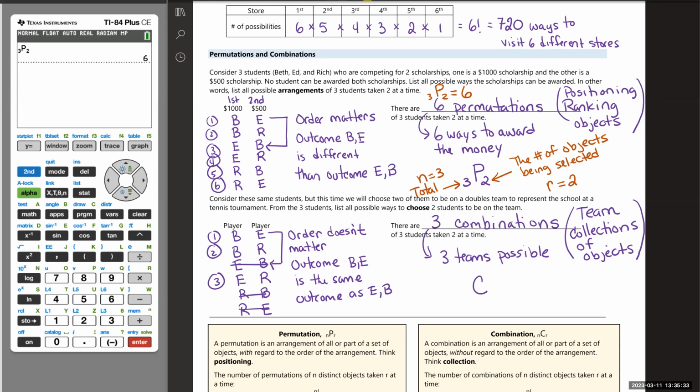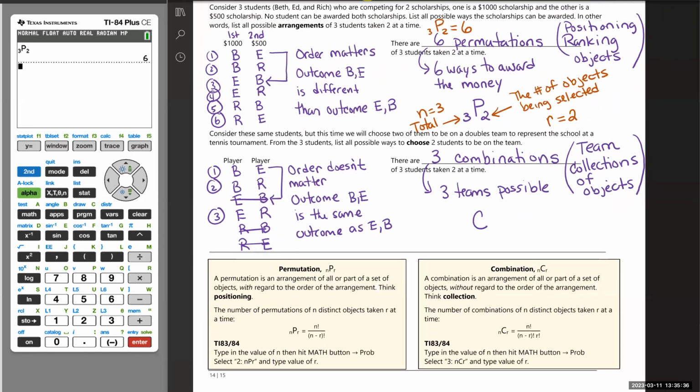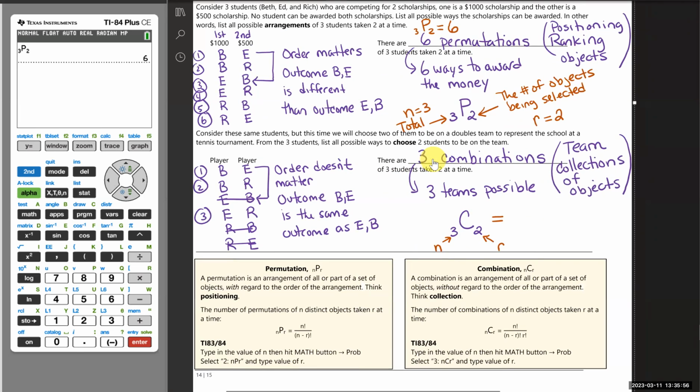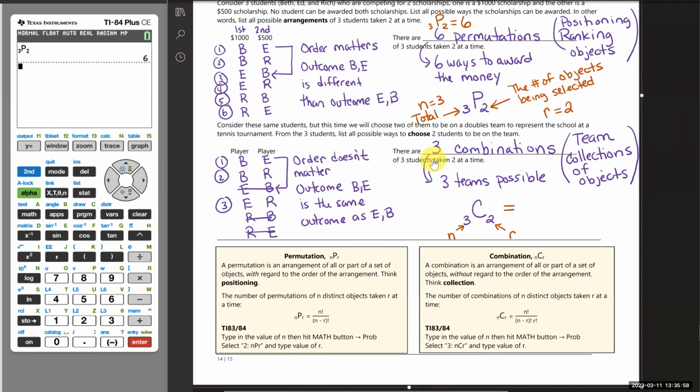Okay, let's try it with the combination. It's basically the same idea, but now with the team here, 3 people, we're picking 2 people to be on a team. So this is the n, this is the r, and then we're going to get that answer using our calculator. So we know that there are 3 ways to do it, and the calculator should confirm that for us.